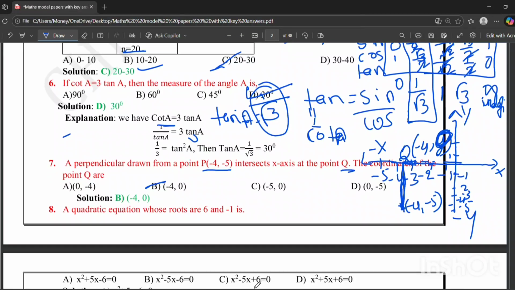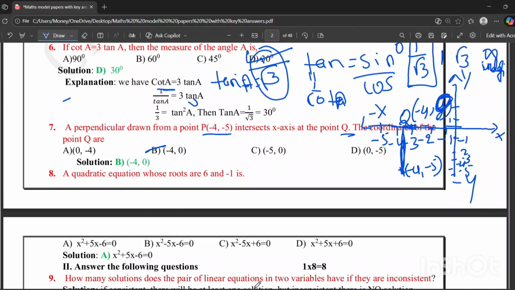Next, the quadratic equation whose roots are 6 and 1. Whose roots are what? 6 and 1. So you have to find the quadratic equation. We have the formula p of x equals x square minus alpha plus beta x plus alpha into beta. Here alpha equals 6 and beta equals minus 1.